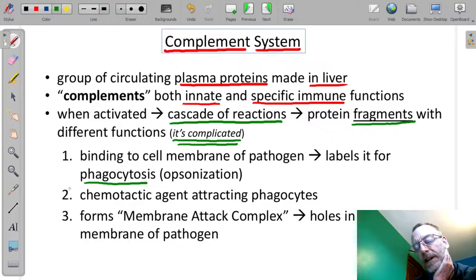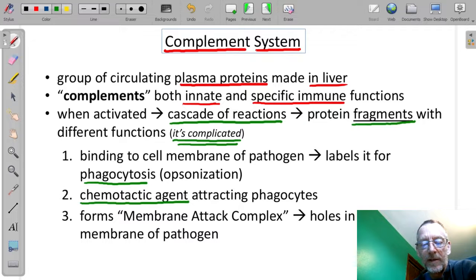Phagocytosis. So that's one of the functions of the complement system, is to tag antigens with labels that say, destroy me. You're painting a bullseye on the pathogen, in a sense, for other cells of the immune system. The complement system also serves as a chemotactic agent.